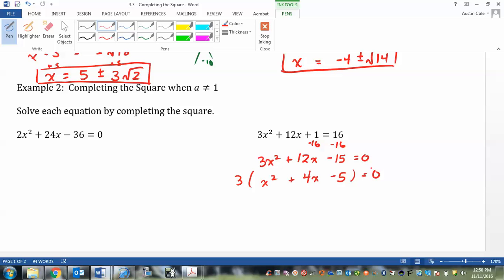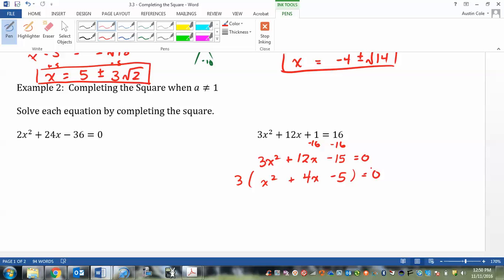Okay, once we factor out that 3 it's kind of done. It's not going to do much. Now, what do we do from here? Move c to the other side.